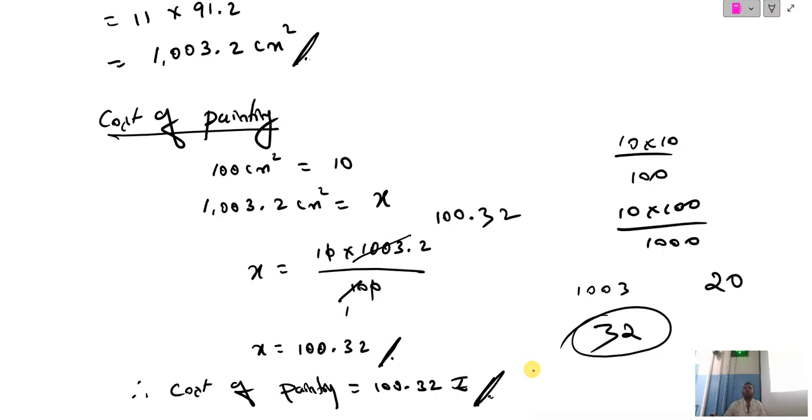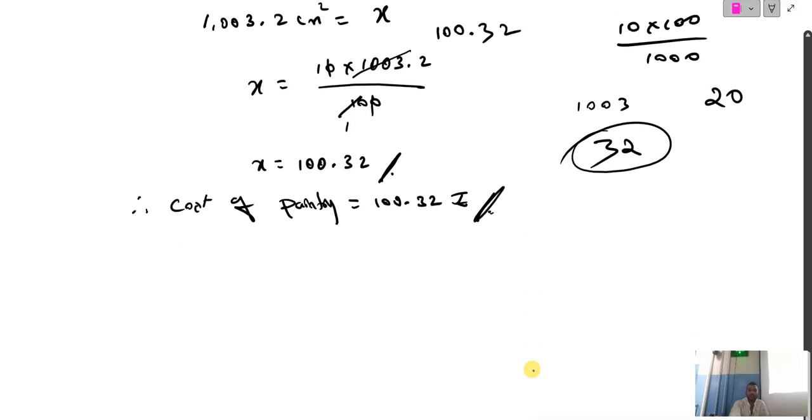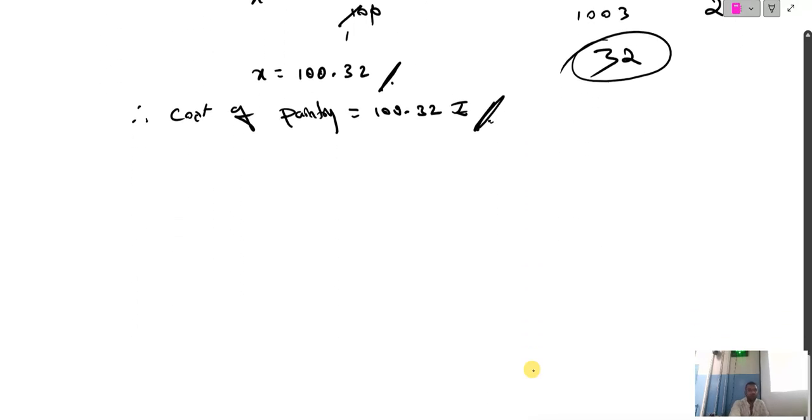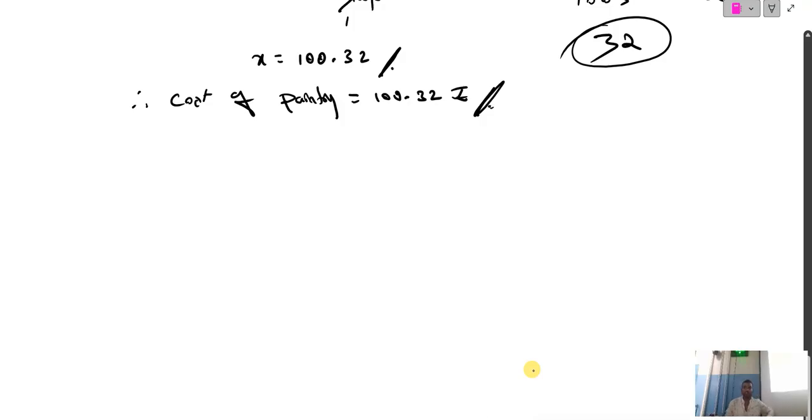100.32 rupees. Clear? And along with that, one more thing they have asked here. What is that? Volume. Correct? Now, volume of this given solid. Now we can write here volume of the solid.